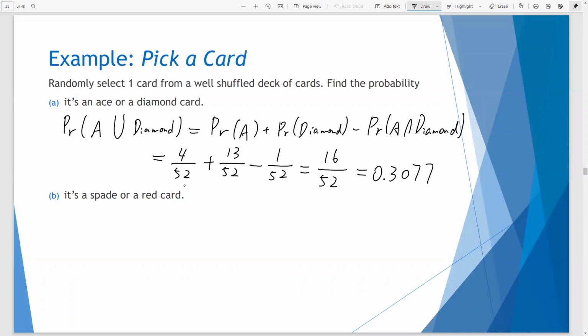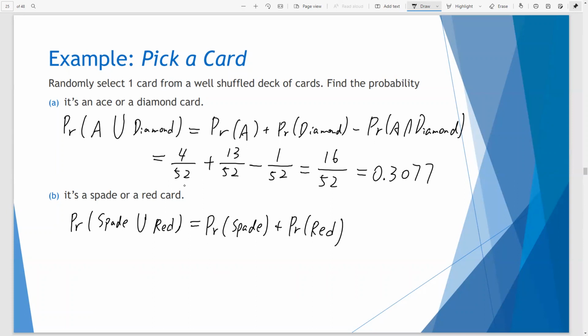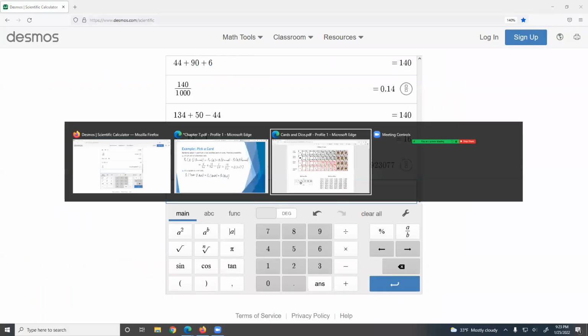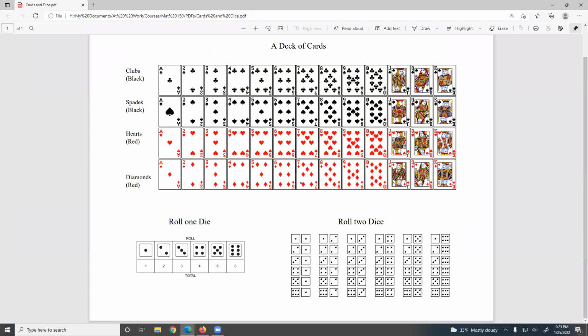Okay, so the probability it's a spade or a red card. Right, so use the formula to get the probability of a spade plus the probability of a red card. If you know your cards well, the spade is a black card.